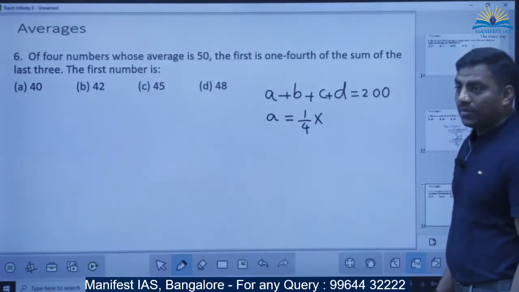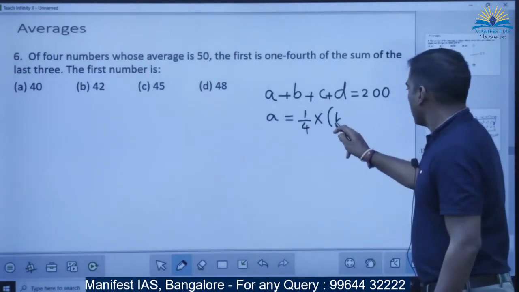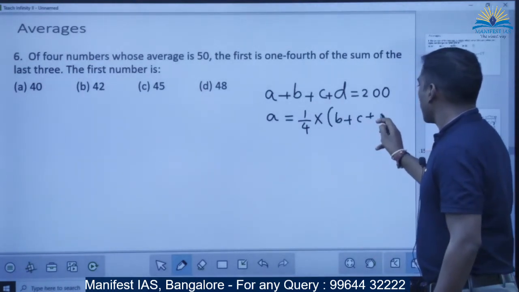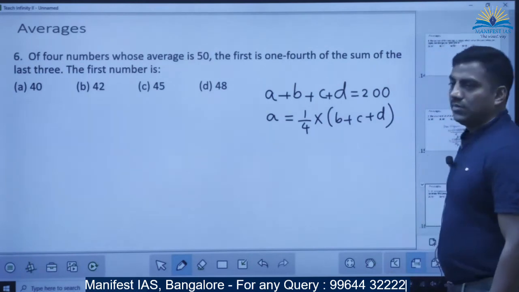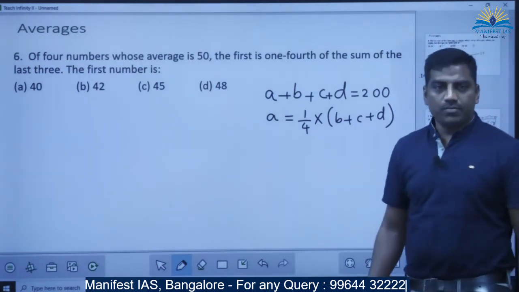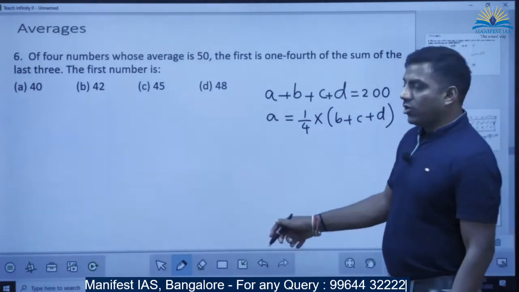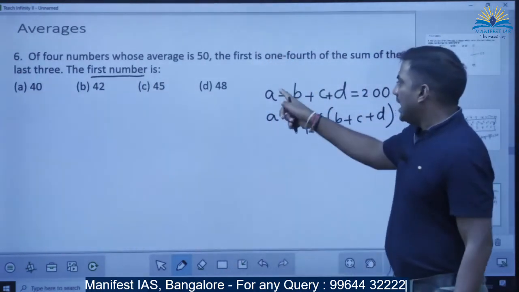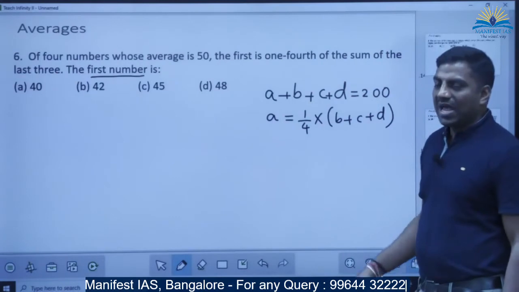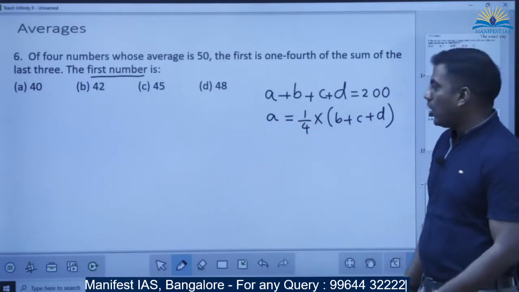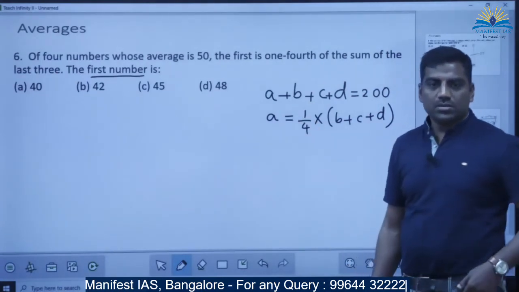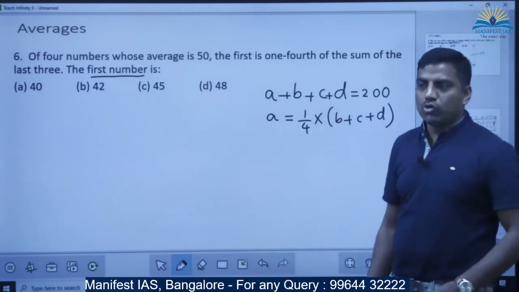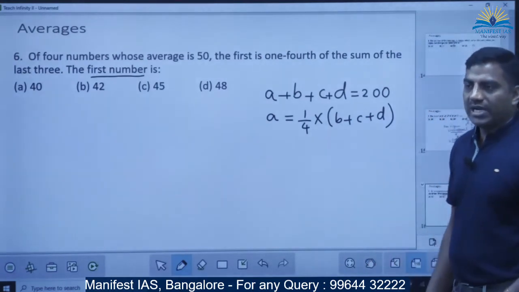What are the last 3? These are only 2 equations we have. But what do we want? The first number. A is there in both the equations. I want A. I want to kick out all other variables. How do I do that?